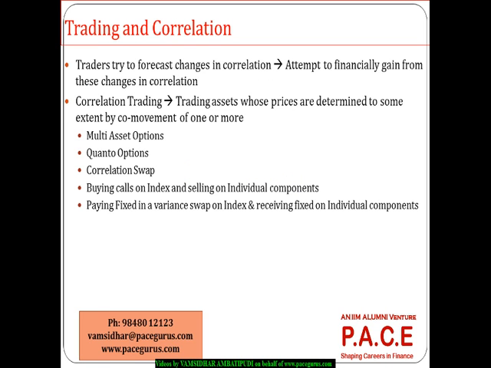Now, let's see how it plays a role in terms of trading. A lot of times what we observe is traders keep forecasting the changes that are coming in the correlation. So they try to measure the correlation on a dynamic basis, forecast it on a regular basis and see when the correlation has really deviated.